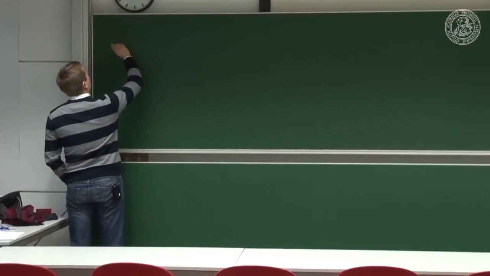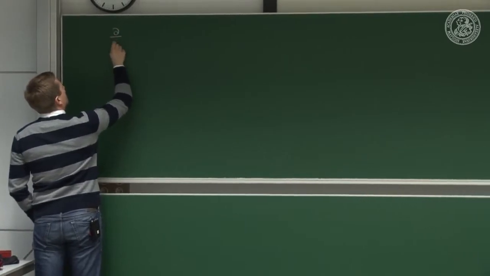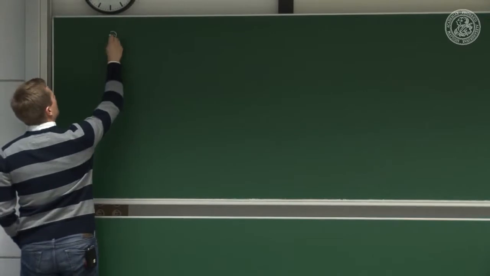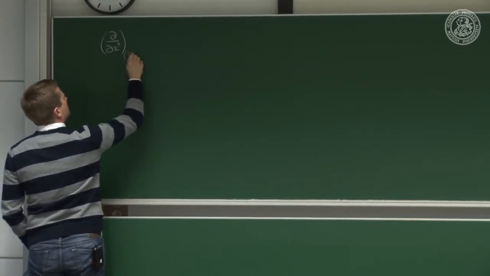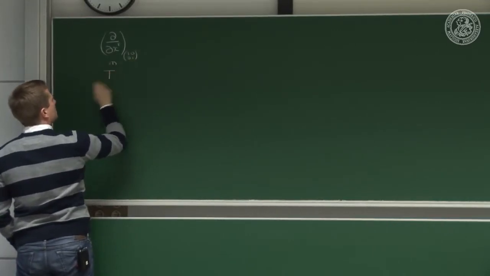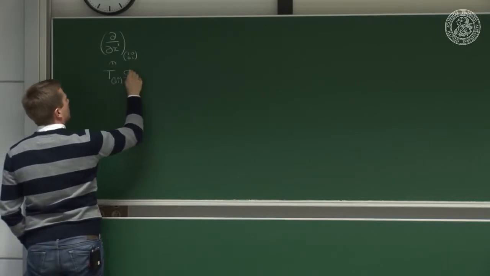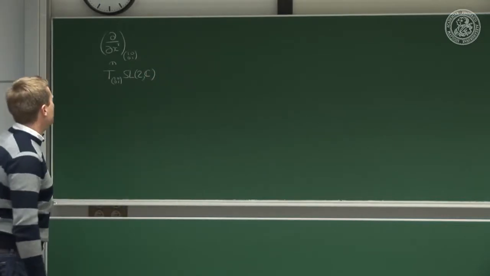So last time we arrived at the point that we constructed from the coordinate-induced tangent vectors d by dx I at the identity. So those are elements of the tangent space at the identity element of the special linear group SL2C.